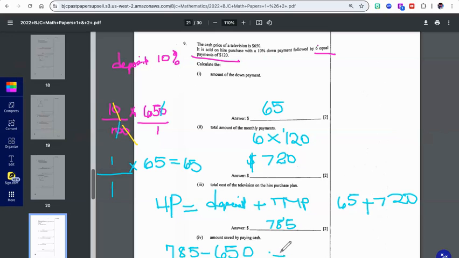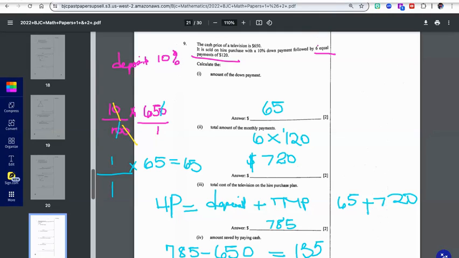So we subtract that from the hire purchase plan, we would have $135. Awesome stuff. So $135. I see you have it. Those persons who send your answers, good job. So this is hire purchase. Those persons who were able to get all 4 of them correct, good job with this.